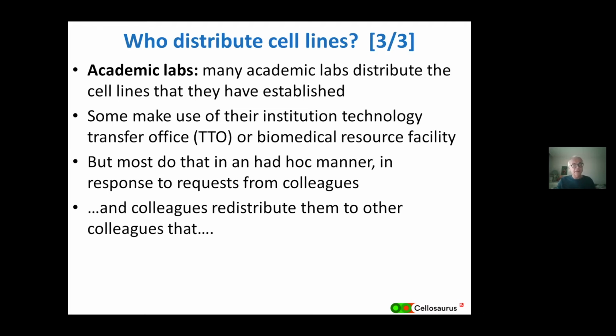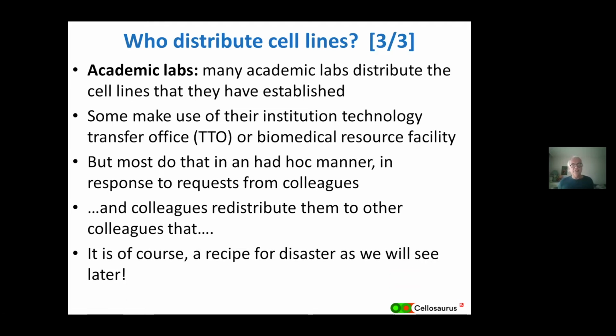And of course, that colleague will redistribute this cell line to another one, who will themselves distribute it, which is a recipe for disaster. Because as soon as you have people redistributing something and then another person redistributing and so on, knowing what exactly is being distributed can be difficult in some cases.